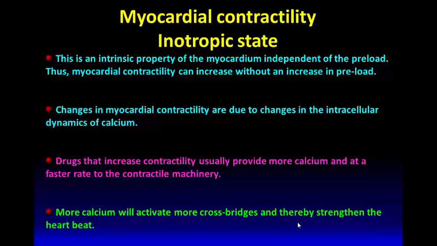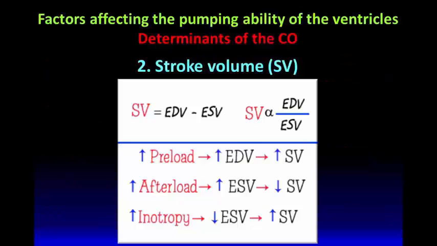On the other hand, drugs which block the L-type calcium channels, the dihydropyridine receptors, have negative effects on contractility, have negative inotropic effects. So now we have finished with the definitions of the factors which affect the stroke volume, and let's describe how these factors affect the stroke volume in details.